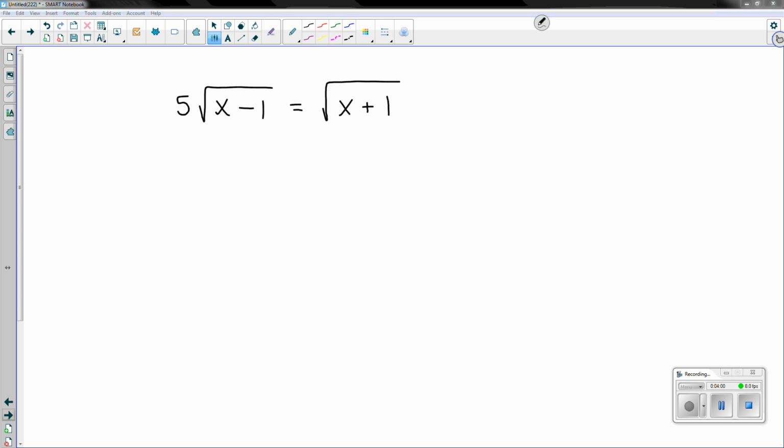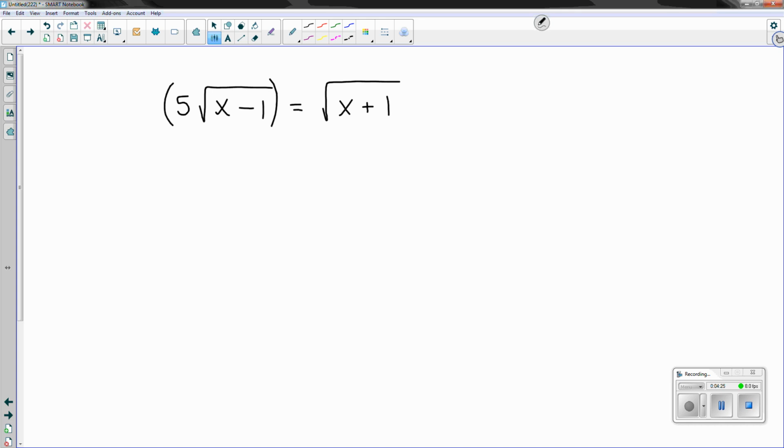If I move it to the other side through division or through multiplication by its reciprocal, then the other side now has a coefficient. So really moving that 5 to the other side, yes, it will isolate the radical on the left, but then it doesn't isolate the radical on the right, which is isolated to begin with. So this is really as isolated as we can get this equation.